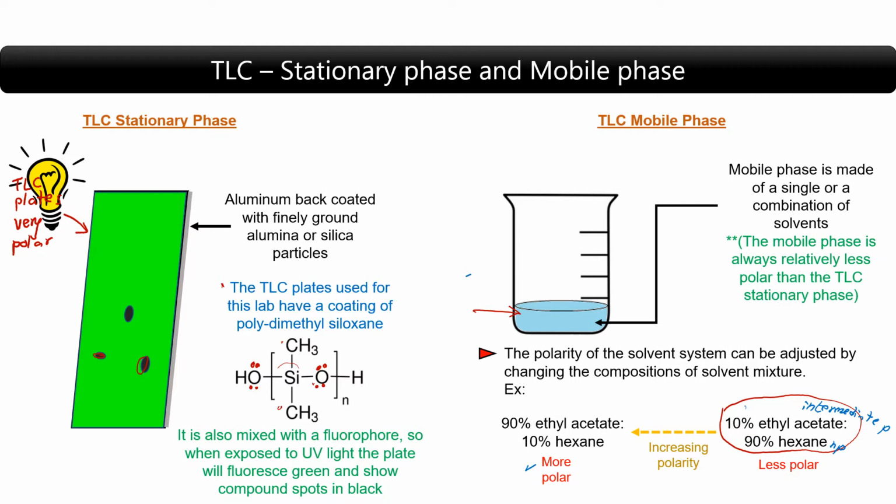So, in order to obtain a better separation of compounds on the TLC plate, we can play around with the overall polarity of the solvent system and change how the compounds separate on the TLC plate.